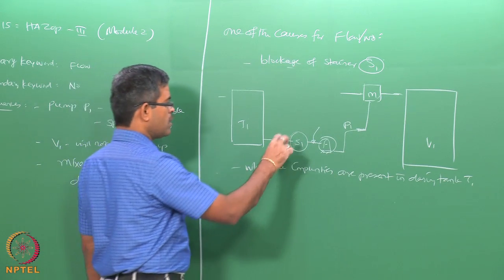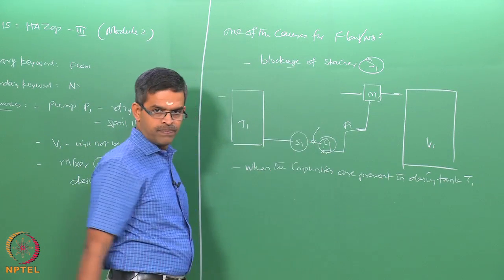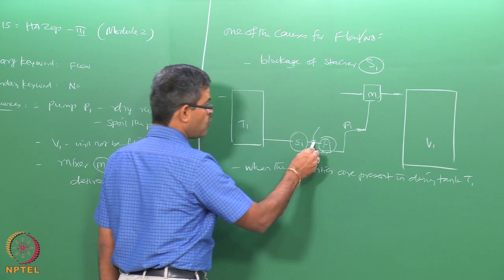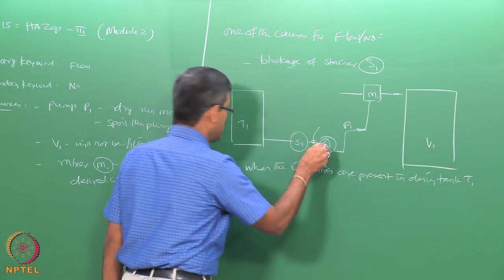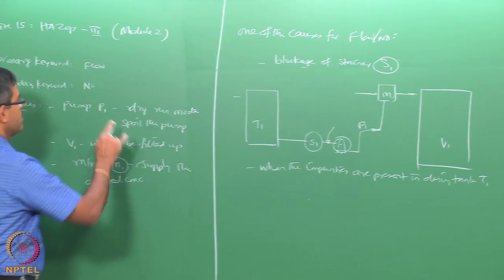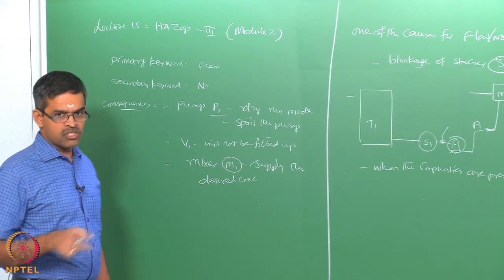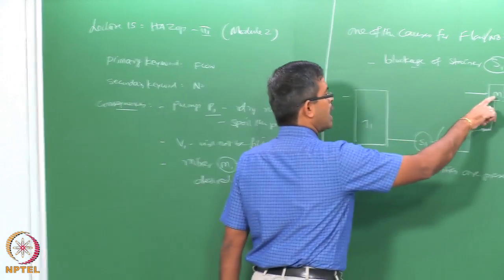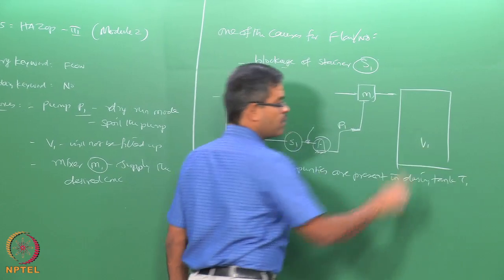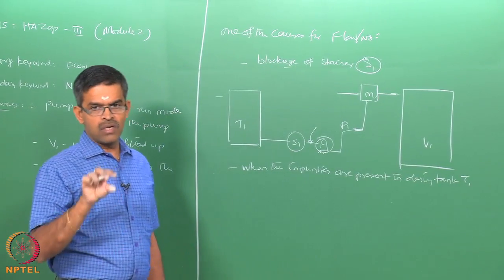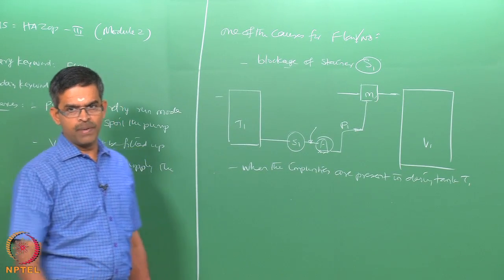When the strainer S1 is choked, then there is no flow in this line, it will result in empty run of the pump P1. It will also result in ineffective mixing at M1, as a result of which V1 will not receive the desired concentration as it should have.